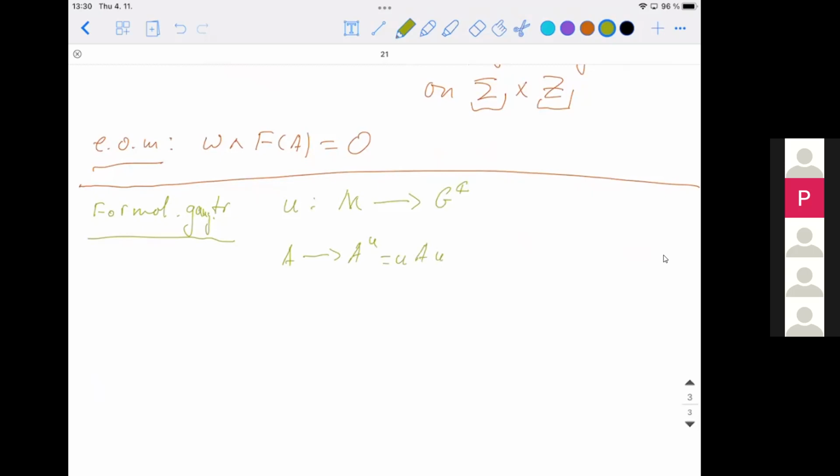So it's a very general thing. That means the curvature term is invariant. So it transforms like this, but the equation of motion is invariant under this transformation.